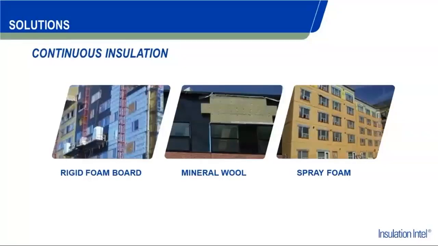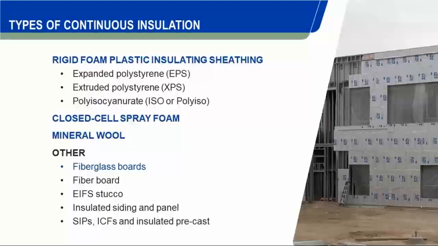But here are some typical examples of what we'll see out in the field. Rigid boards are typically comprised of either a polystyrene material or a polyisocyanurate material. It is available in different thicknesses to achieve an R value. Closed cell spray foam also is a good option.